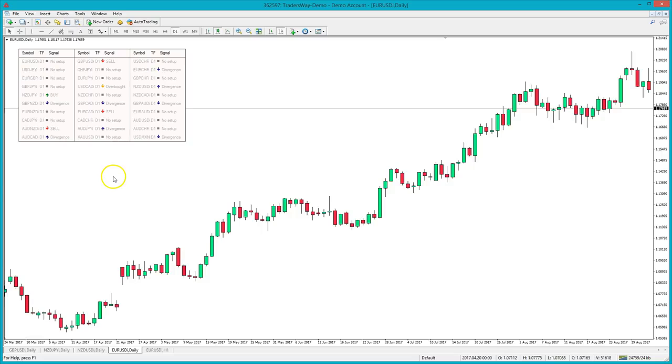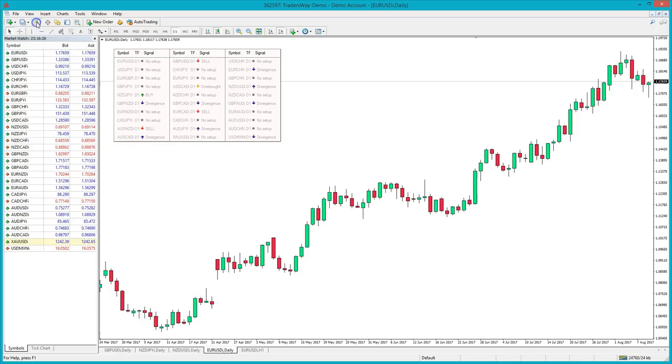Basically what this does is it uses the EFC indicator, and then it gives you all of the pairs, basically everything you have in your market watch. You can see here your market watch, all these symbols that will be placed on this dashboard.